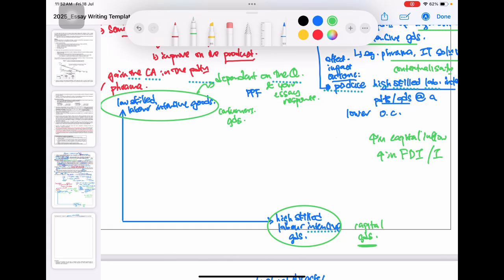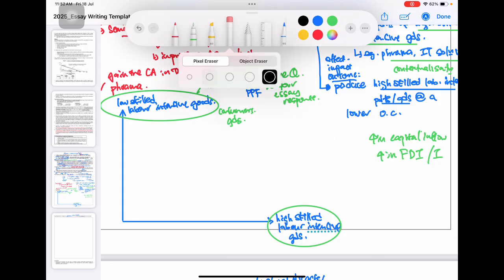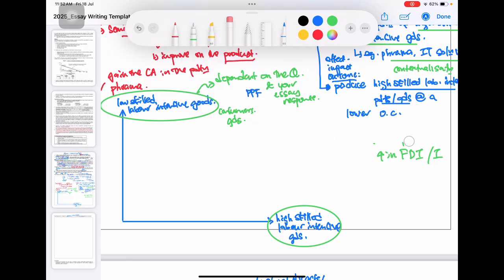Okay, but I just want to highlight that before we look at the answer, this particular label of your PPF actually depends only on your question. Read carefully, do not memorize it.